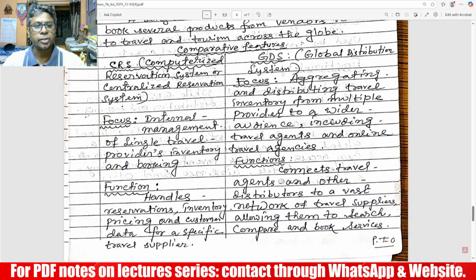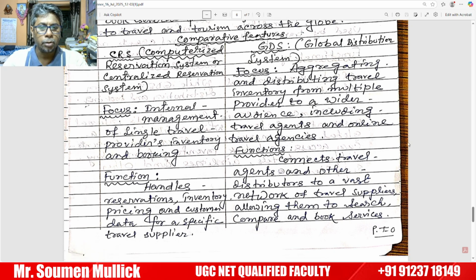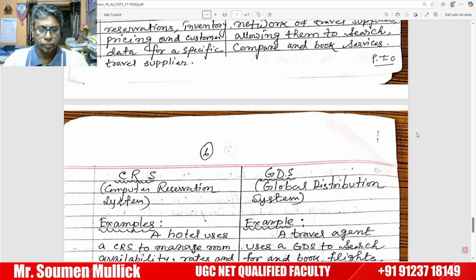What is the main function of CRS? It handles reservations, inventory, pricing and customer data for a specific travel supplier. What is the main function of GDS? GDS connects travel agents and other distributors to a vast network of travel suppliers, allowing them to search, compare and book services.